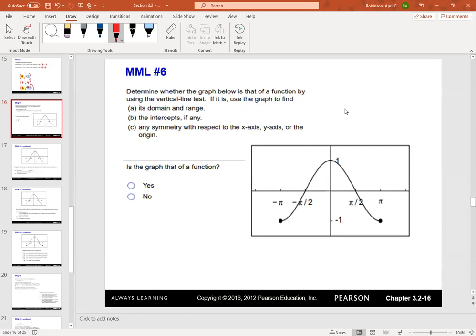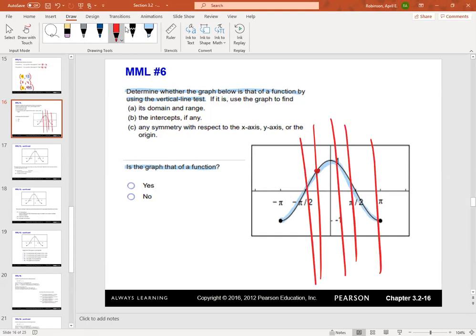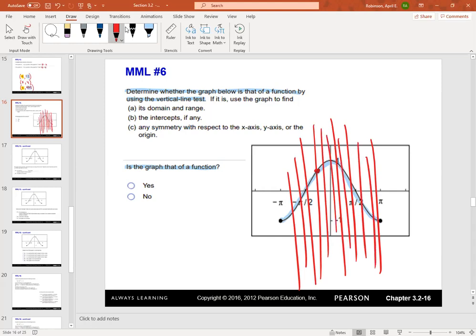Is the graph that of a function? Well, if I draw a vertical line anywhere, it only crosses the graph once. Your function starts here, goes up, goes down and stops there. So no matter where I draw a vertical line, it's only crossing one time. So yes, it is a function.